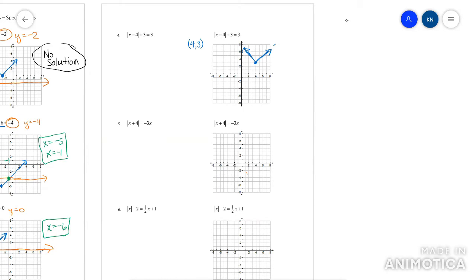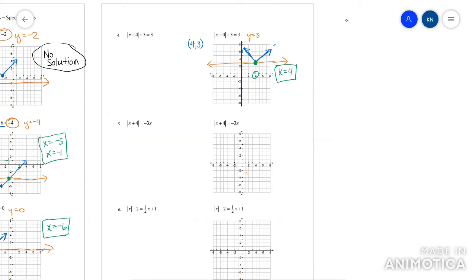Okay, and then they want to know where it hits a y value of 3. Well, that's like it says y equals 3, which is a horizontal line at 3. So you can just look at this one and see that they intersect here at an x value of 4. That would be my answer.